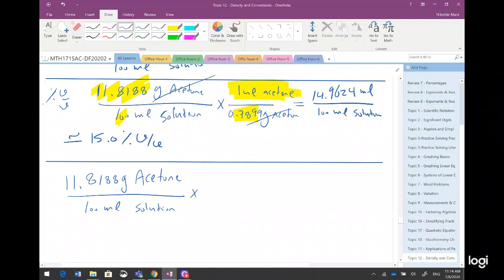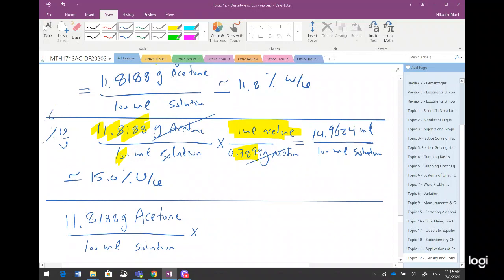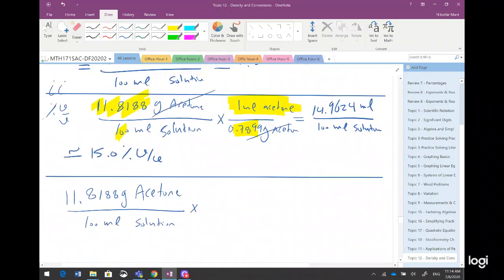multiply. Okay, so this is part 1, and that's part 2, and that's part 3. I have to see which one I start. Okay, so here, yes, I change milliliter to liter, multiply. I change gram to mole. One mole acetone.